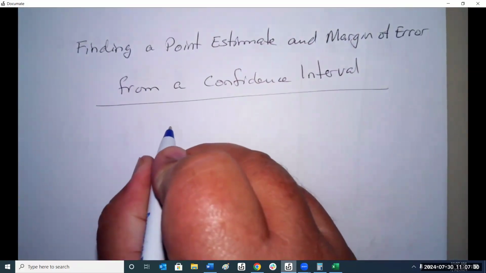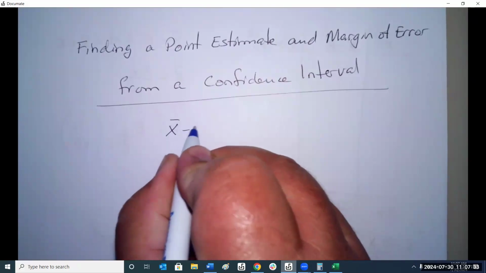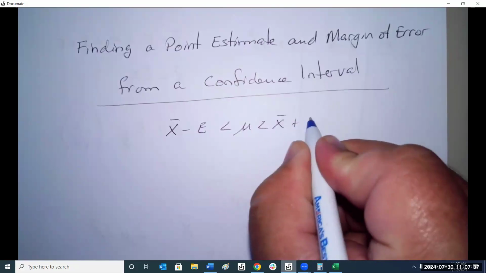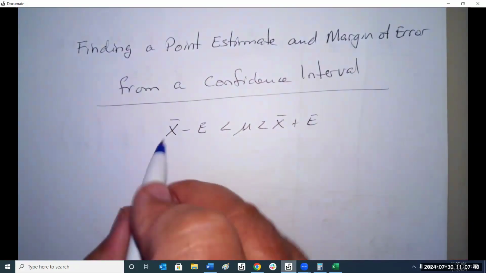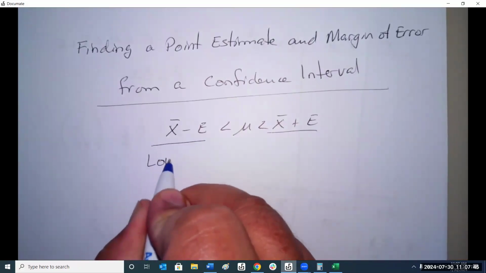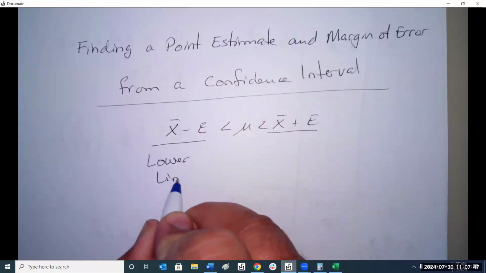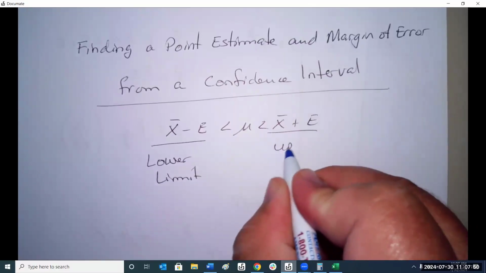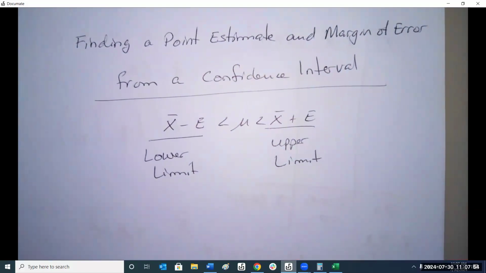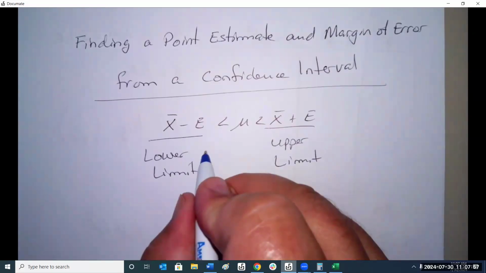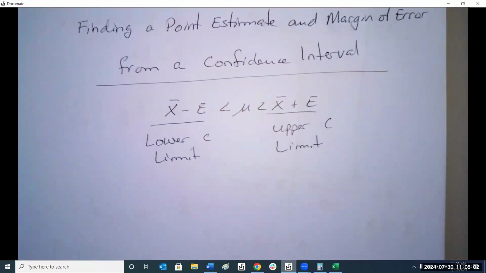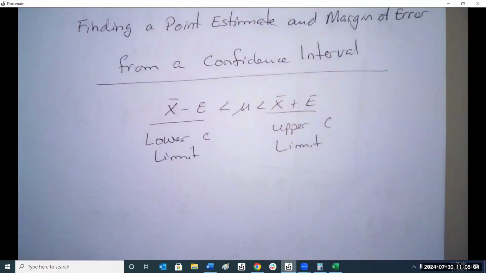Remember, a confidence interval is X bar minus E, X bar plus E. This part here, this is the lower limit. And this is the upper limit. Upper confidence limit is upper C limit. But we just call it upper and lower limit because they're at both ends.